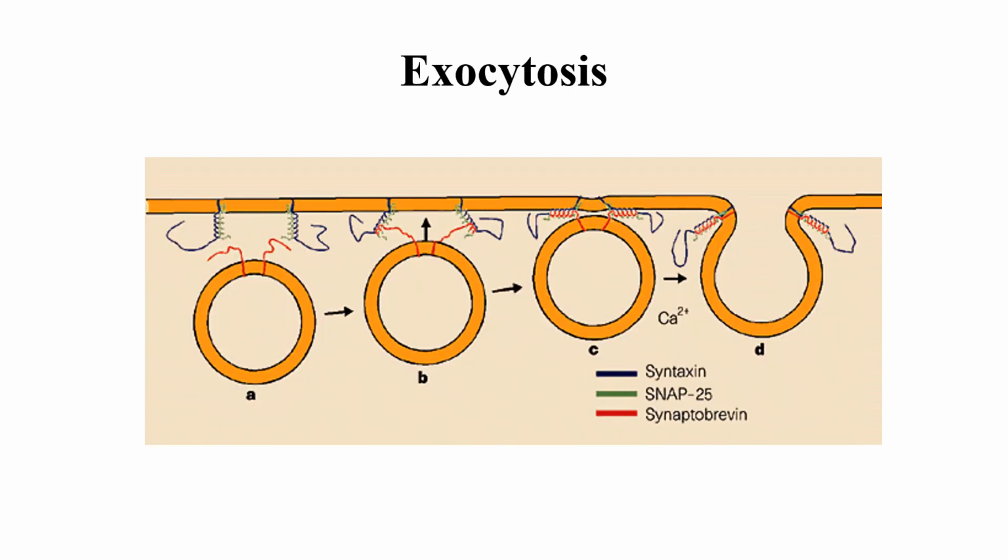Cells release their larger products in the form of vesicles outside of the cell through the process of exocytosis. We know these cells have genetic material, DNA, and these DNA are transcribed into messenger RNA.